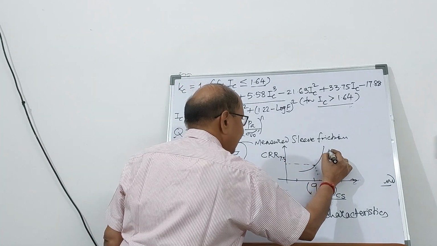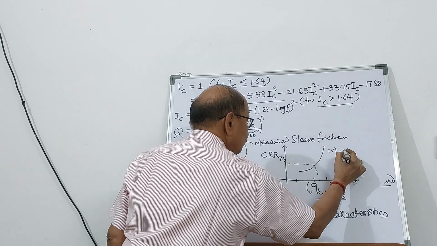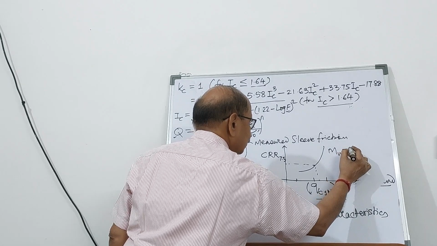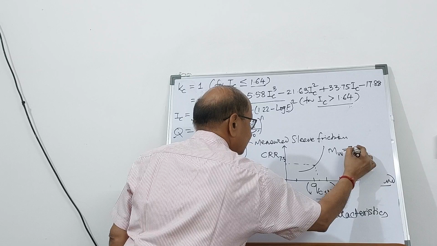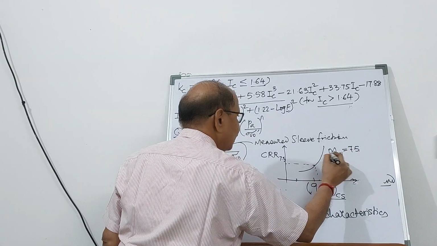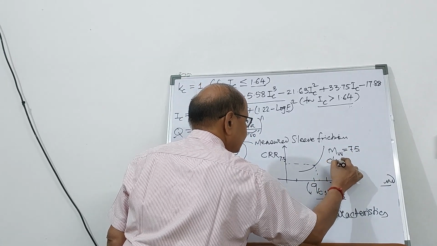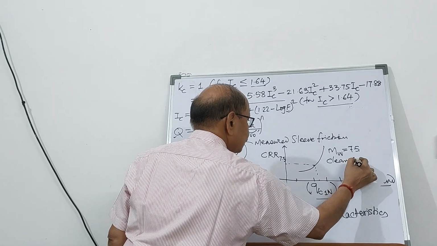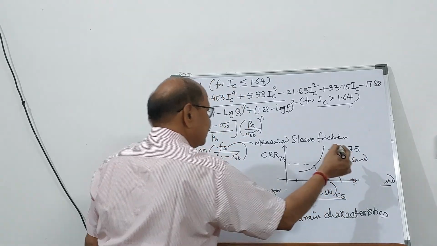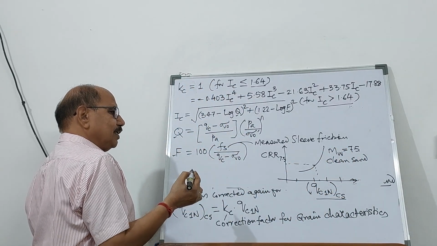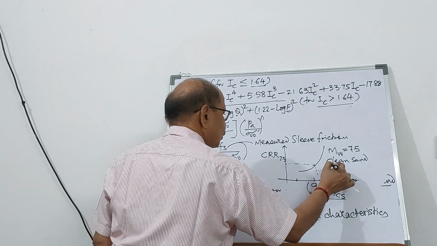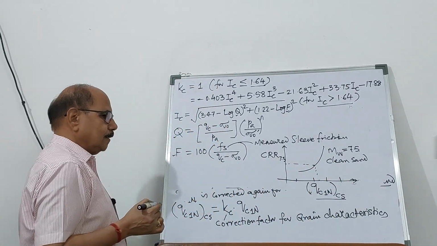So this is for Mw, magnitude of the earthquake, equal to 7.5, and this is for clean sand. Clean sand means percentage fines are less than or equal to 5%.